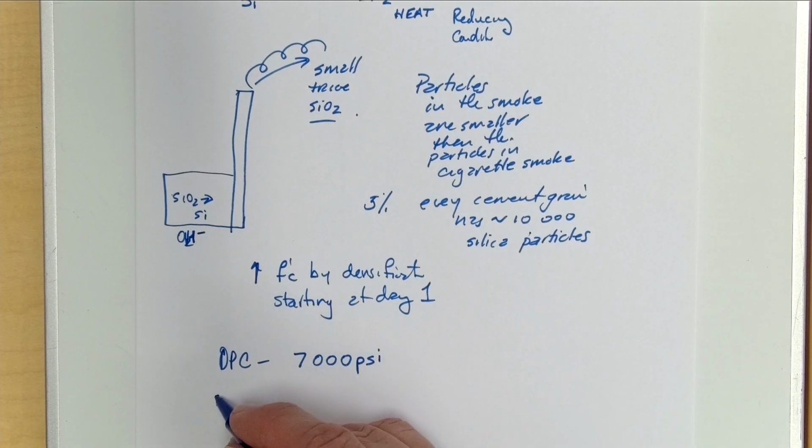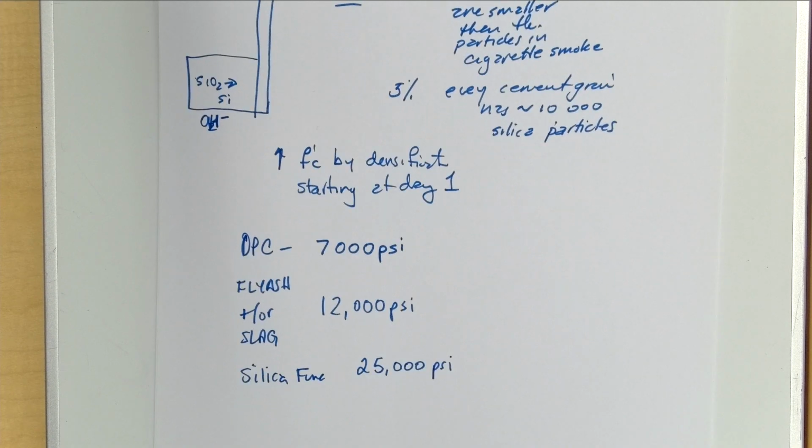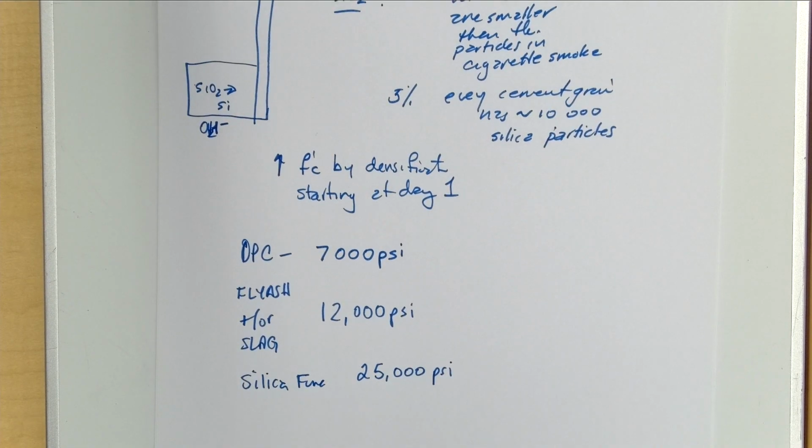After that, we add fly ash and/or slag. We can get up into the 12,000 psi range. With silica fume, I think the record now is in the 25,000 psi range, which of course, 25,000 psi compressive strength, that's beginning to approach the yield strength of steel. Very, very dense concretes, and all made with these other materials.